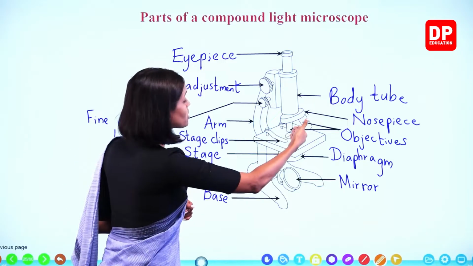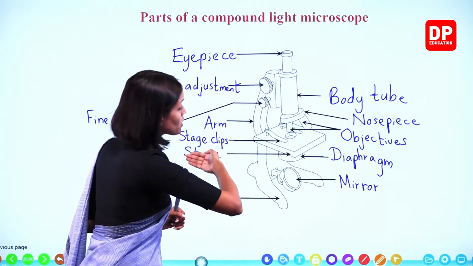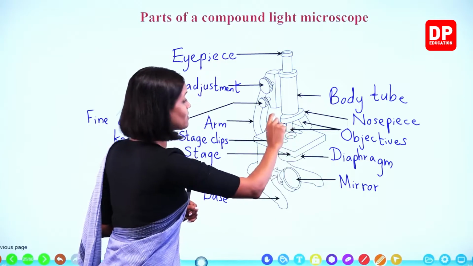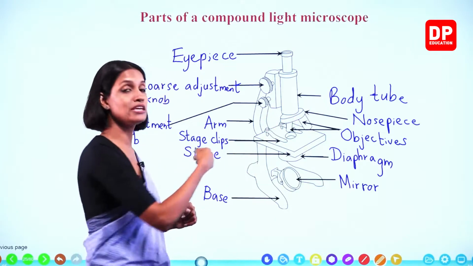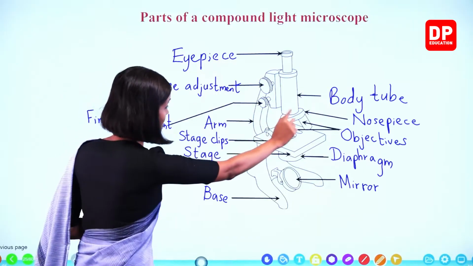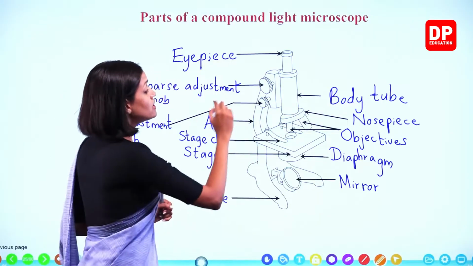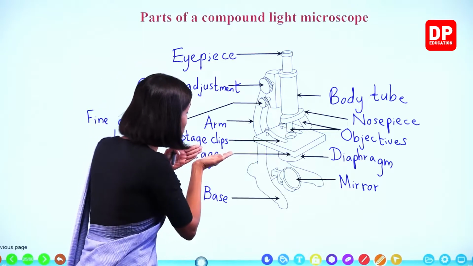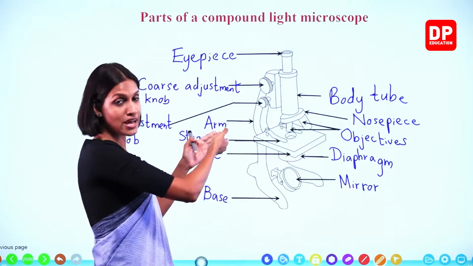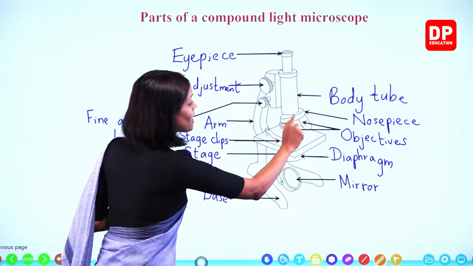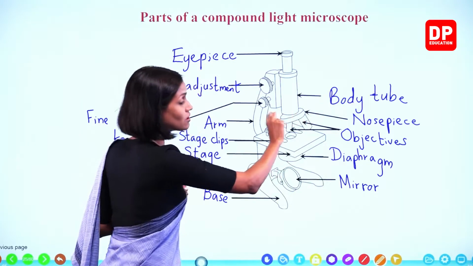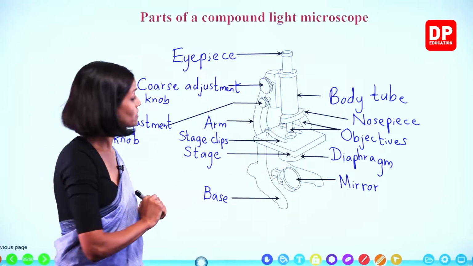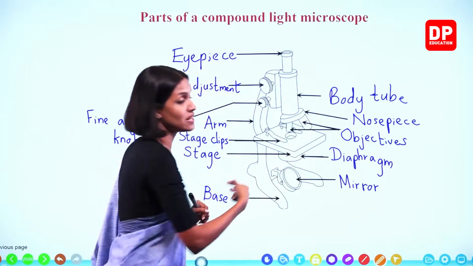If you are trying to remove or insert the specimen when the high power or the medium power is in position, then what will happen? When you are trying to insert this slide with the specimen, it might damage the lens because they are longer than the low power, right? It might damage the lens.